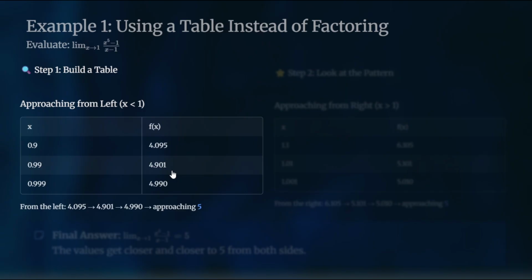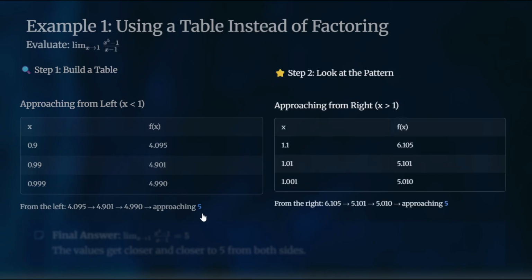And we can find these values by simply plugging the values into the calculator. If we get even closer to 1 at x equals 0.999, the function will be equal to 4.990. So from the left, we went from 4.095 to 4.901 to 4.990. So we can see that these values are approaching 5.